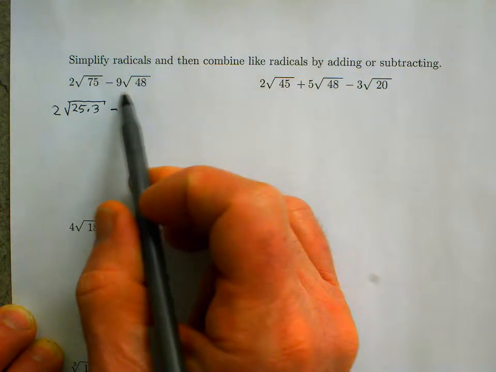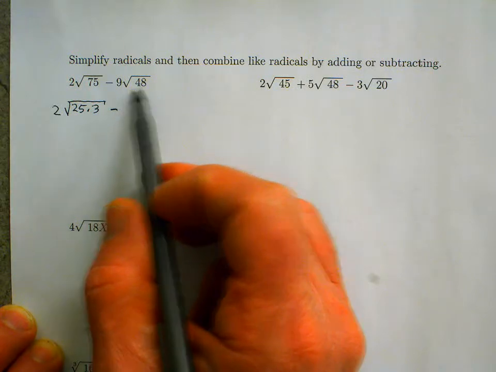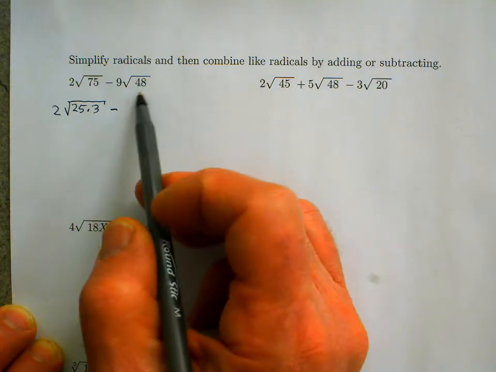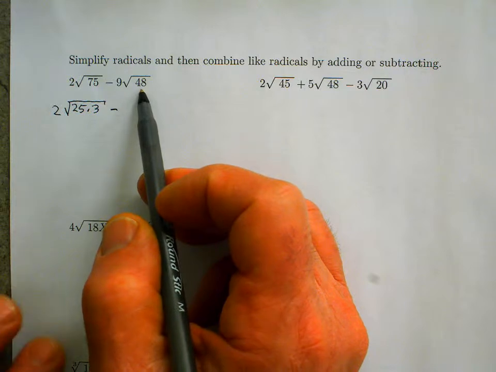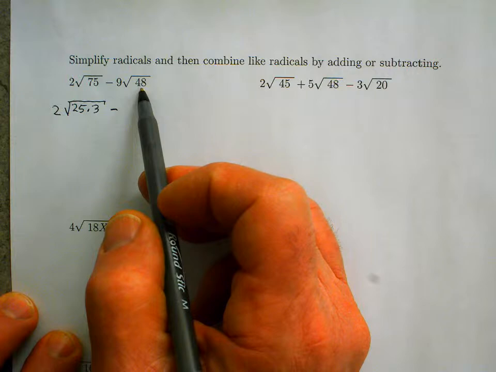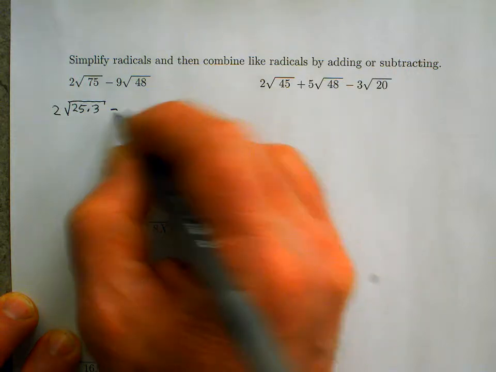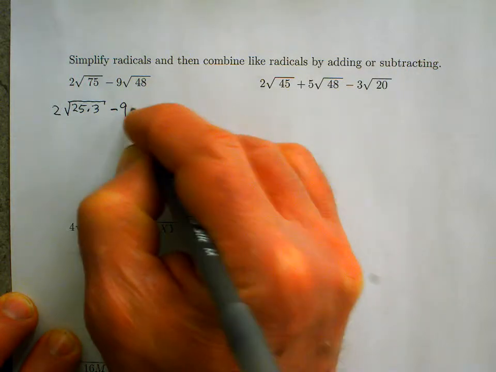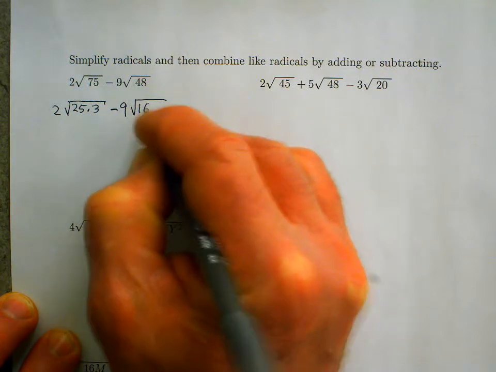And then we'll work on the square root of 48. The largest factor of 48 that's a perfect square is 16. 16 times 3 is 48. So we write minus 9 times the square root of 16 times 3.